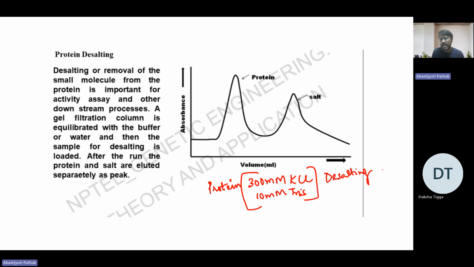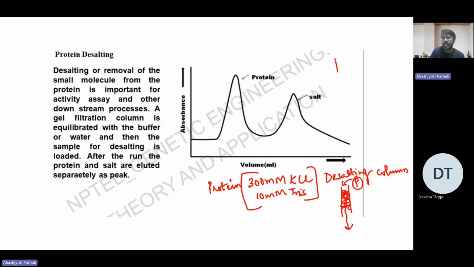In these desalting columns, the beads are packed, and they have a particular pore size. Once you add the protein, which is present in the 300 millimolar KCl buffer, the protein, because it is much larger in size, will not enter the pores.